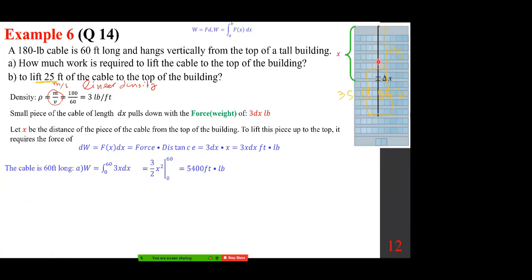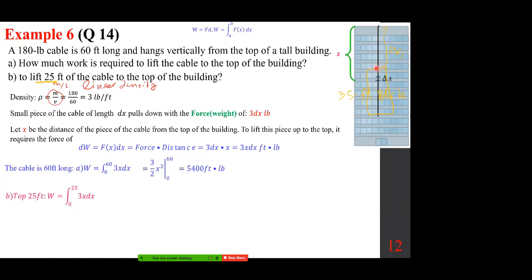The total weight of this portion is not constant. It changes due to the fact that the portion goes up. So that portion is by integration. The top 25, from 0 to 25, 3x dx. So we calculate exactly the same thing from 0 to 25.